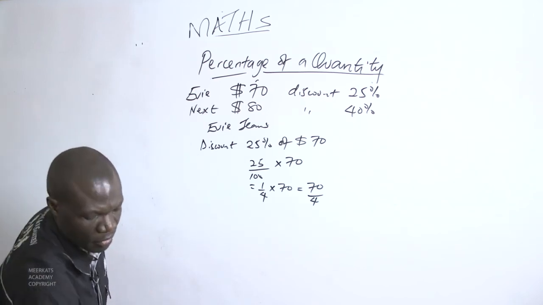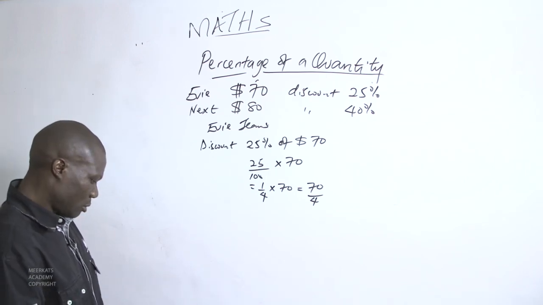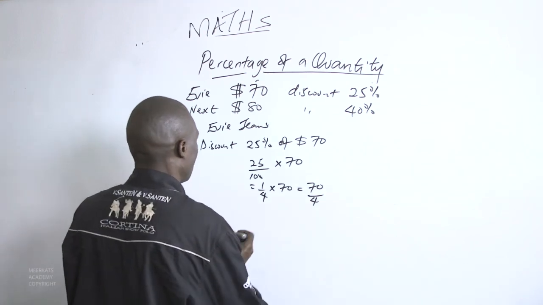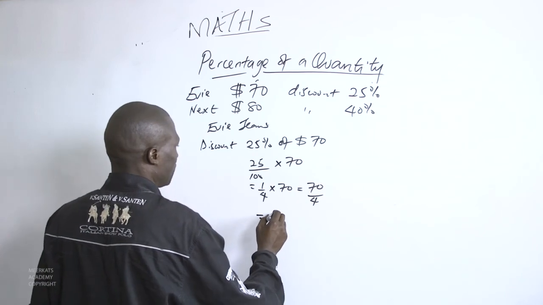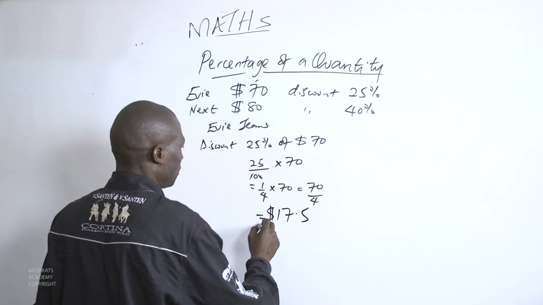When you take 70 divided by 4, you will get the discount at $17.5.